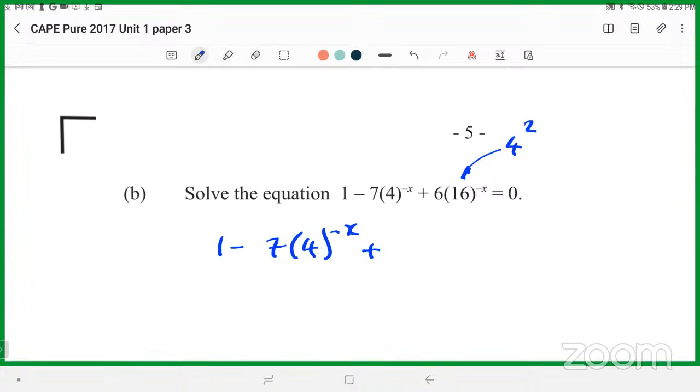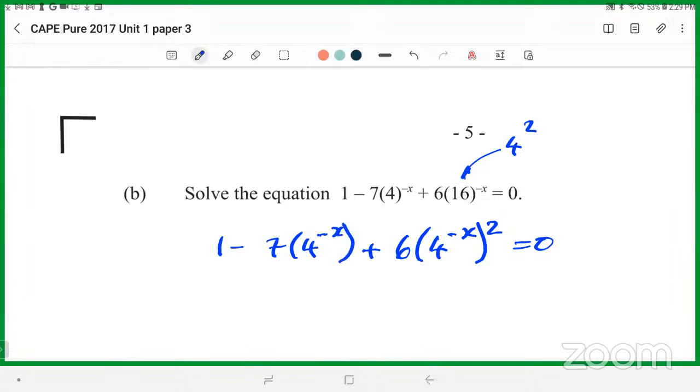I'm going to write this one as 6 times 4 to the minus x, all squared, equals 0. So I'm going to write this as 4 to the minus x instead. Understand that, guys? Yes, sir.